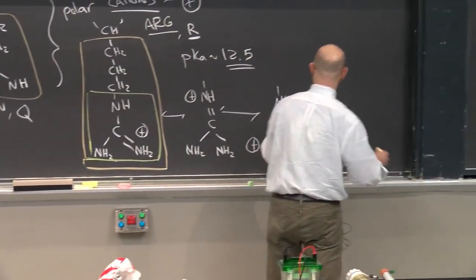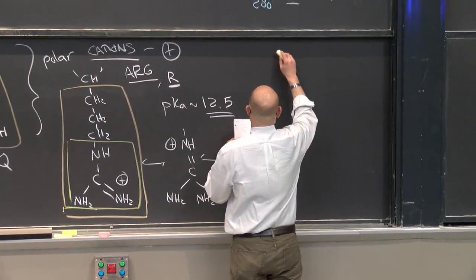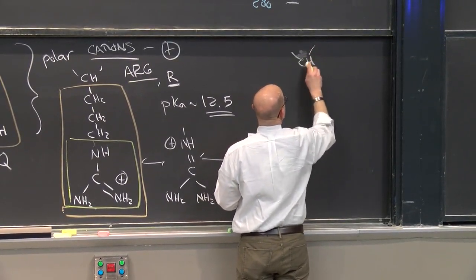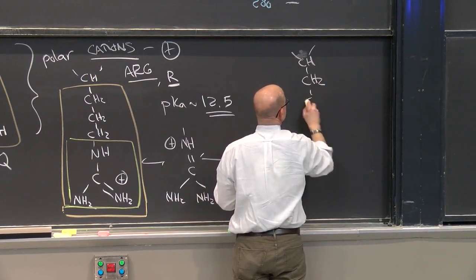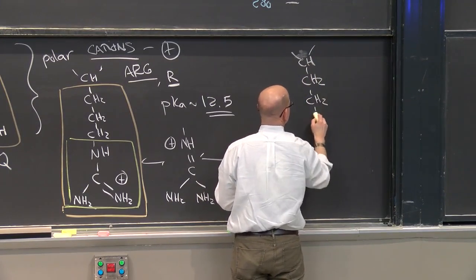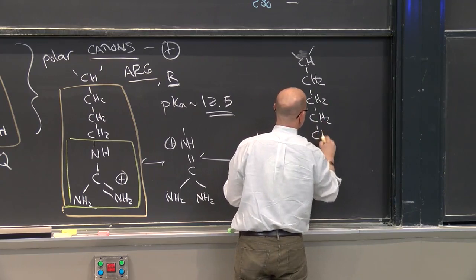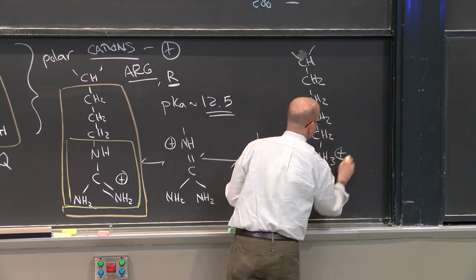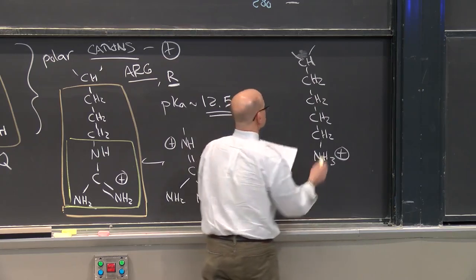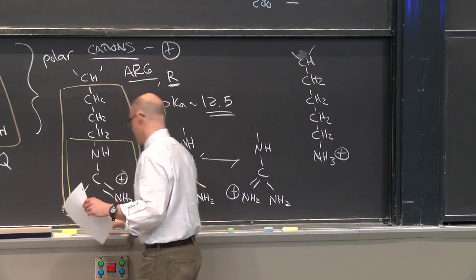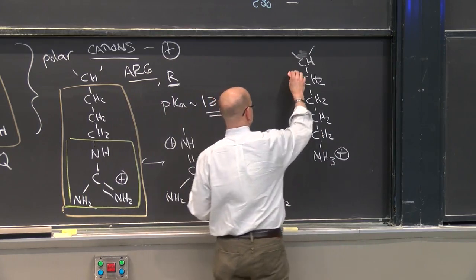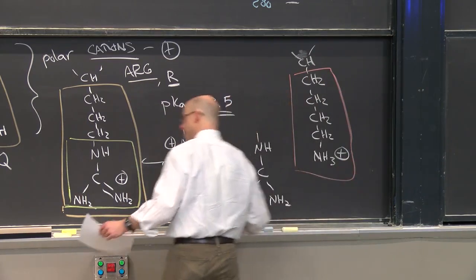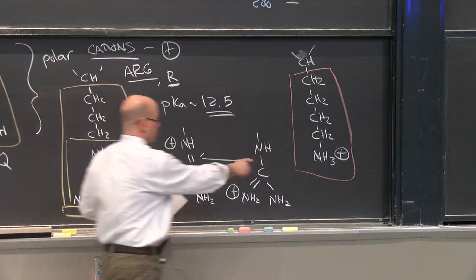Two others to talk about. CH2, beta, gamma, delta, epsilon, NH3 plus. Okay? This side chain is simply a linear chain of 5 carbons that ends in an amino group.